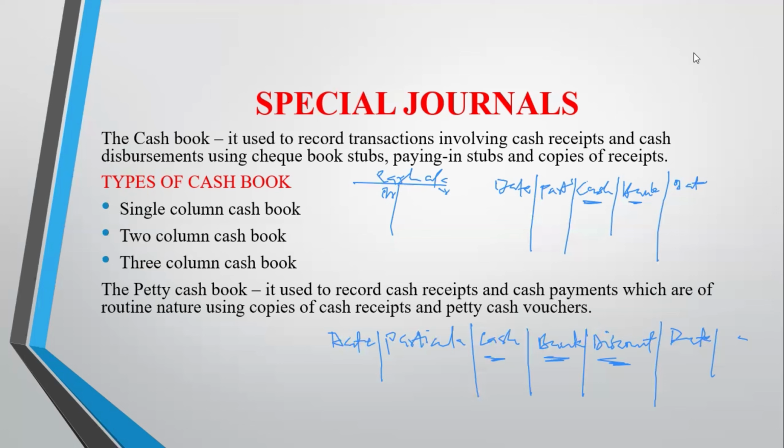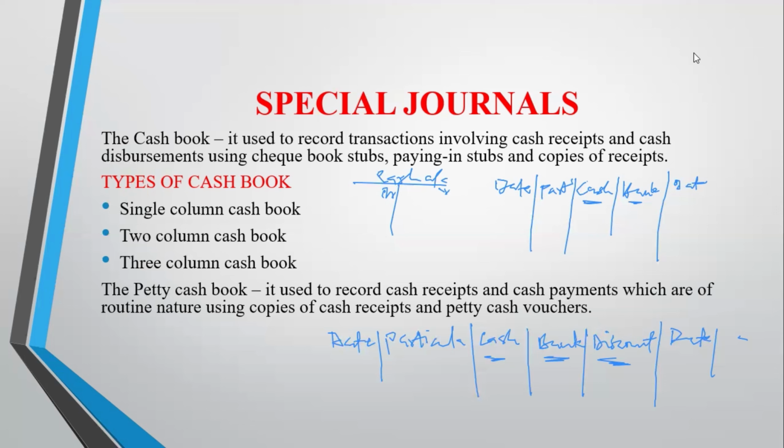And the petty cash book is operated on the imprest system. The imprest system is a system of keeping records in the petty cash book, where an initial amount is given to the petty cashier, and that amount is called the cash float.